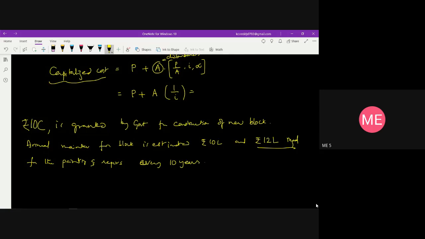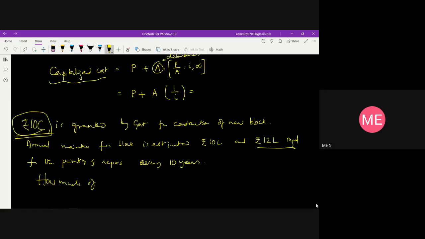Now if you look at this, this is what is given, and the budget is granted to take care of the perpetual maintenance. How much of the amount can be used for initial construction cost? This is what is being asked.